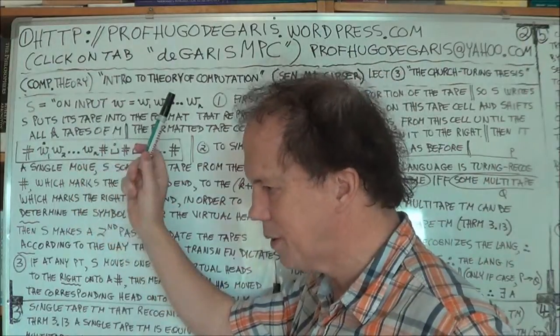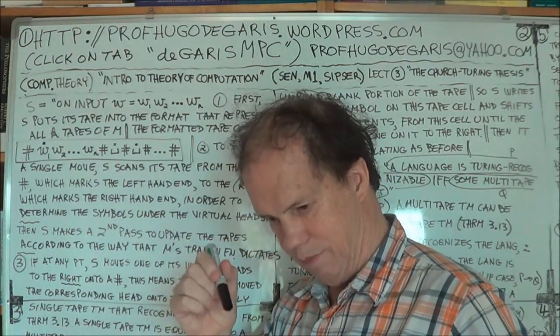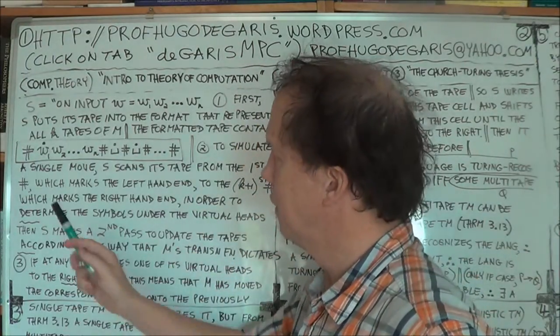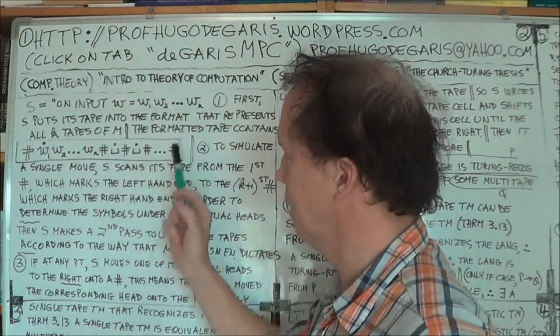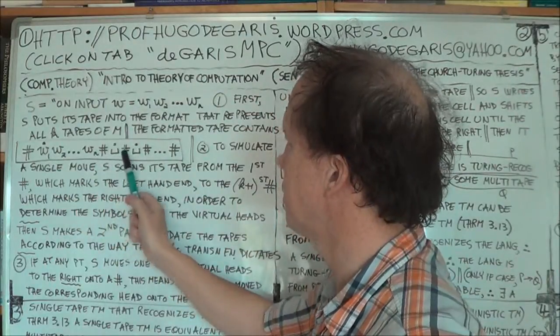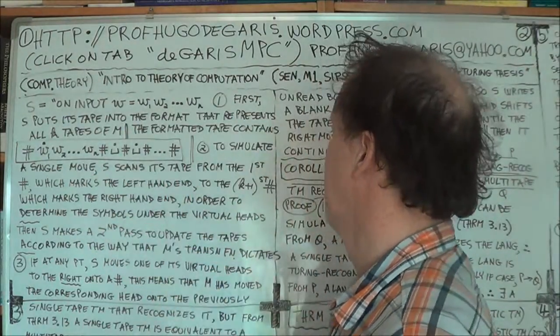You then write the symbol, the B symbol, if you like, given to you by the transition function. So you'll overwrite that by something. You'll overwrite this by something, and so on. Okay. So you update all these strings. So you're updating the whole tape in S, big S.